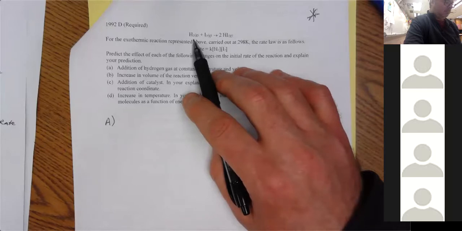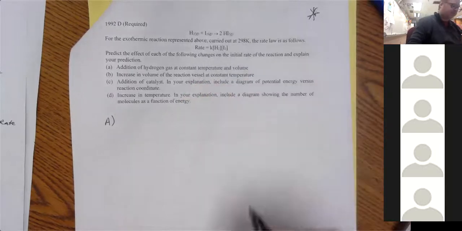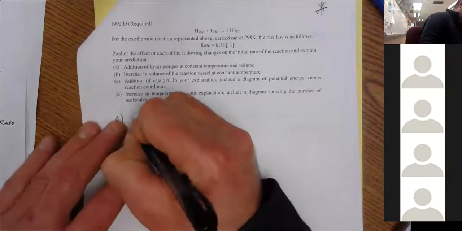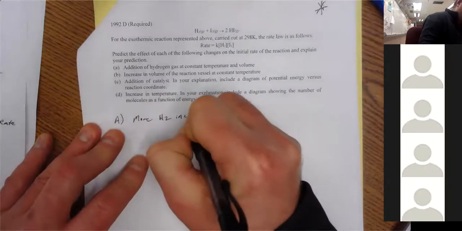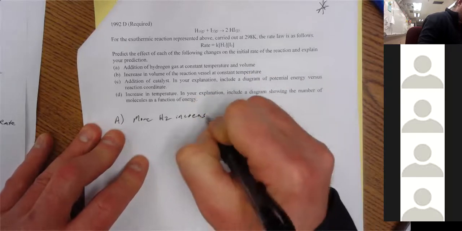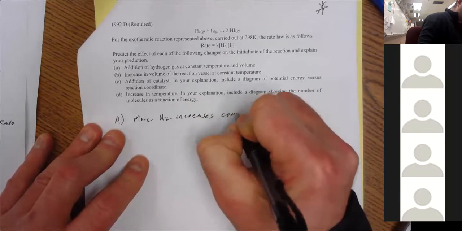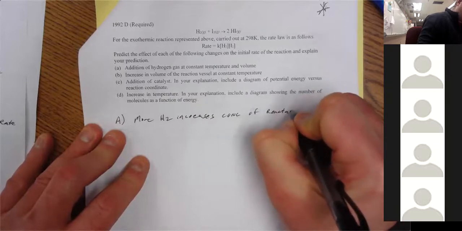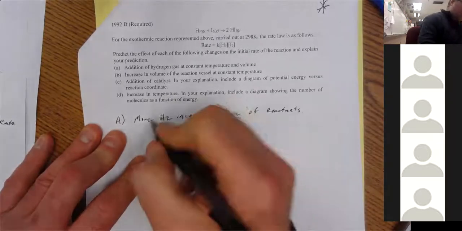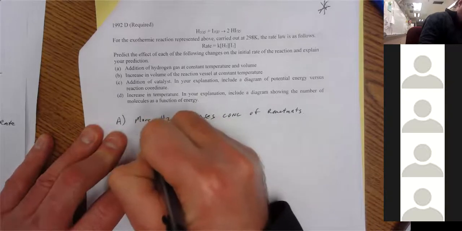The rate will probably increase. Right? If we have more reactants, that means more successful collisions. So the rate will increase. More H2 increases the concentration of reactants, and thus more collisions.